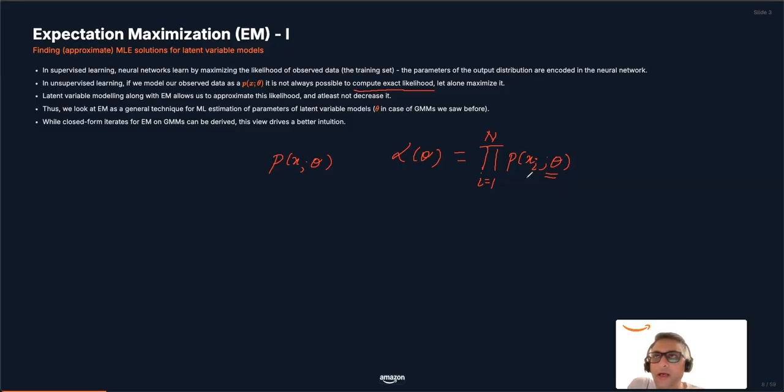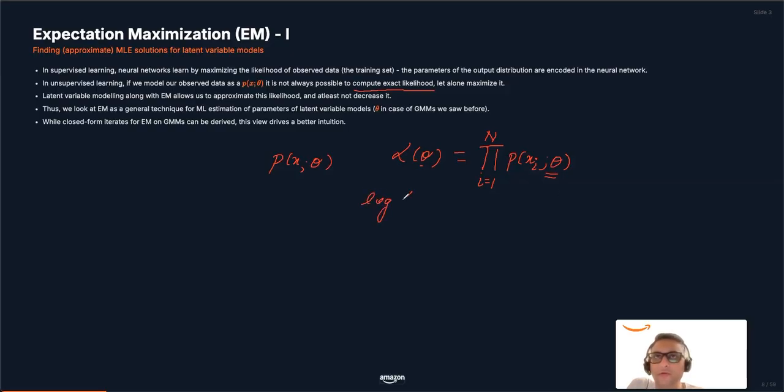I take each of my training samples and evaluate this quantity, plug it in, for some values of theta, and take the product. For those values of theta, this will be my likelihood.